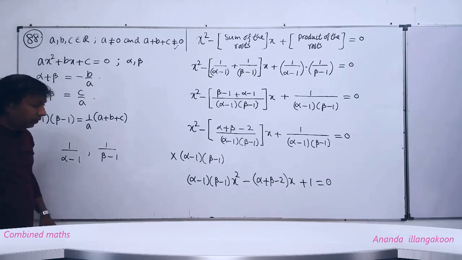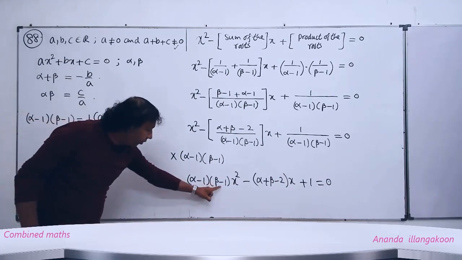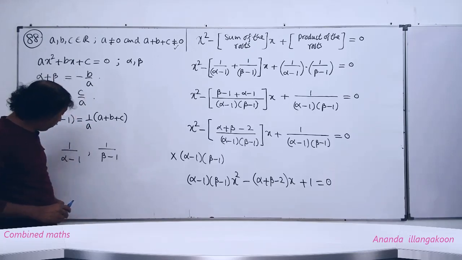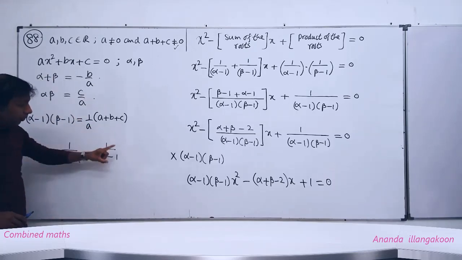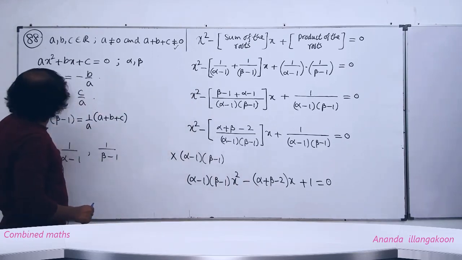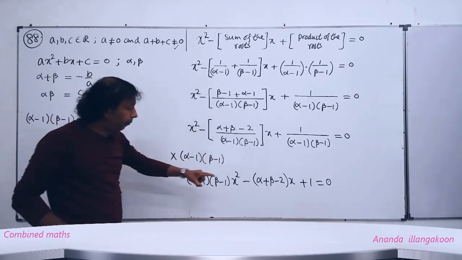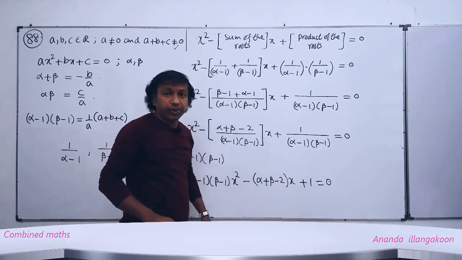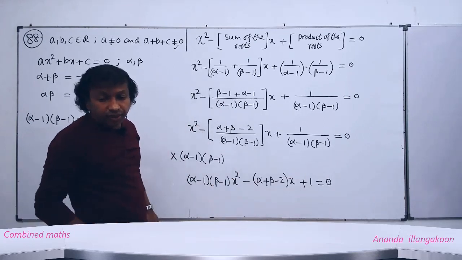Now, here, for this alpha minus 1, beta minus 1, earlier we proved it, but this one we can put: alpha plus beta I can put here as minus b by a, and plus 1 equals 0. Substitute them and simplify. Try to get the answer.